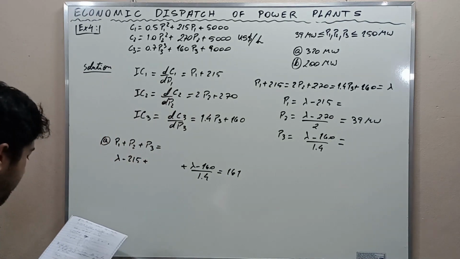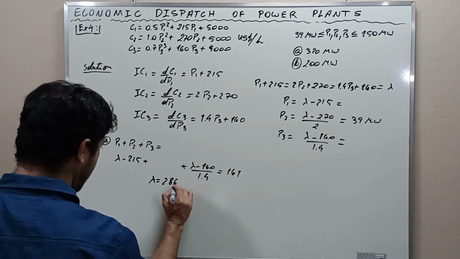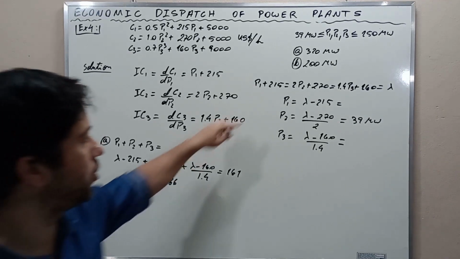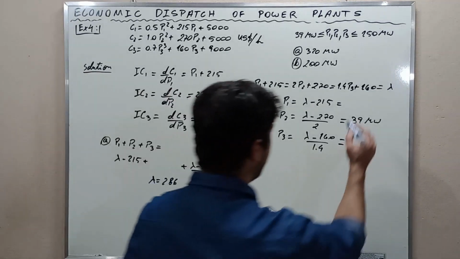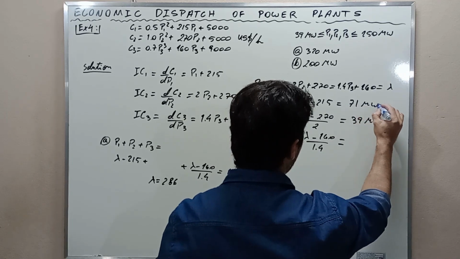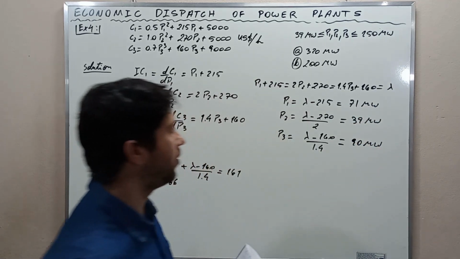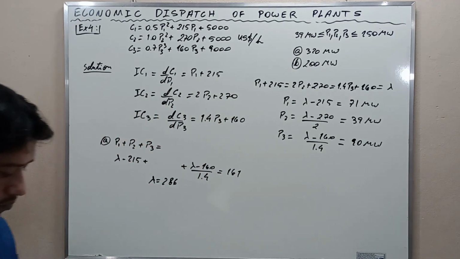Solving this, we find a lambda equal to 286. Okay? Now, if we take this value of lambda and put here and here, we find the new values of 71 megawatts and 90 megawatts, and this is the optimum load allocation for letter B. Okay?